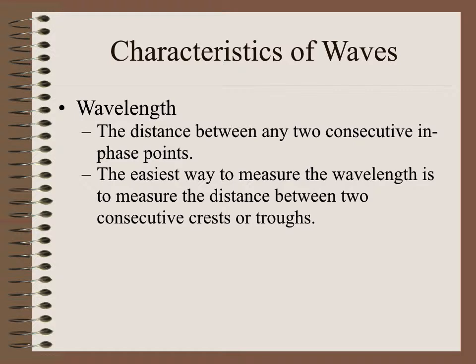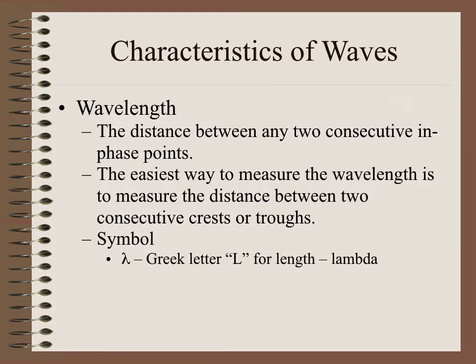The symbol that we're going to use to represent wavelength is a Greek letter. Since we've already used an L for length, we use a Greek letter L, called lambda. It kind of looks like an upside down Y. The lambda that's shown here is a printed lambda, in much the same way as the G in wavelength is a printed G. Nobody really makes G's like that.